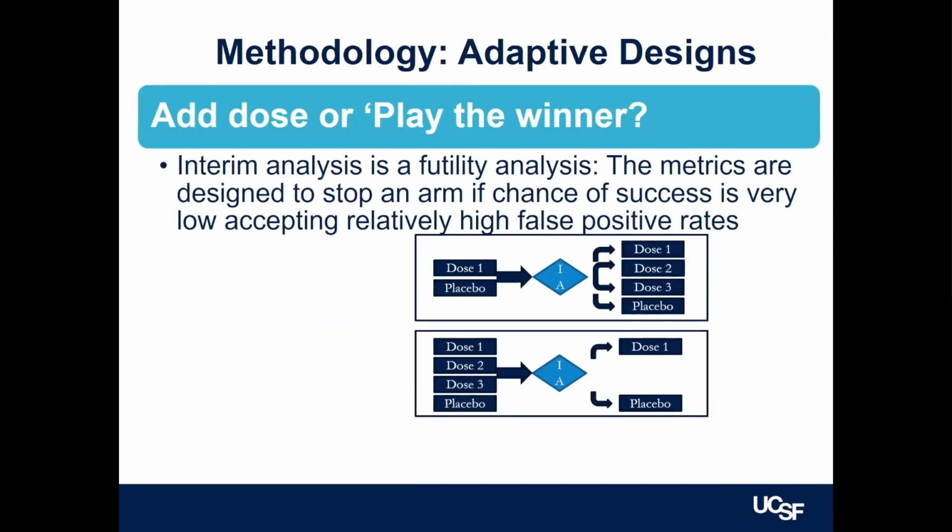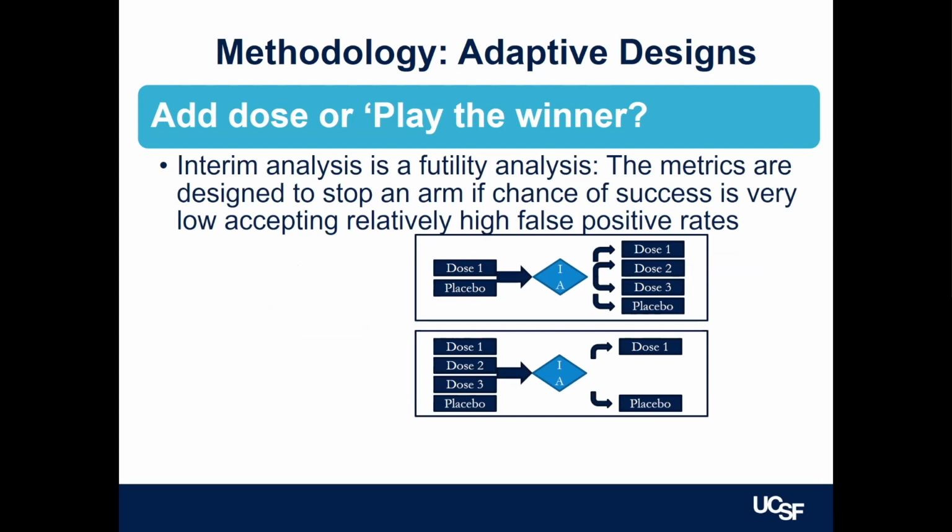I'm just going to talk about add the dose or play the winner. So the add the dose one is you do one dose versus placebo, and then you stop and you do an interim analysis after collecting a fair, decent number of people that you believe is going to be representative, and that's a challenge in itself.